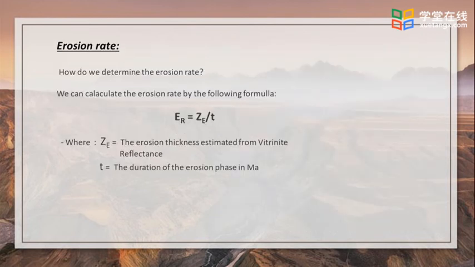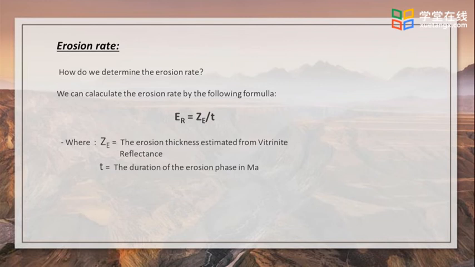So the erosion thickness of discontinuous sedimentation can be estimated from this method. Now, how to estimate and calculate the erosion rate? We already know the erosion thickness, which we calculated from the Ro in the previous slides.